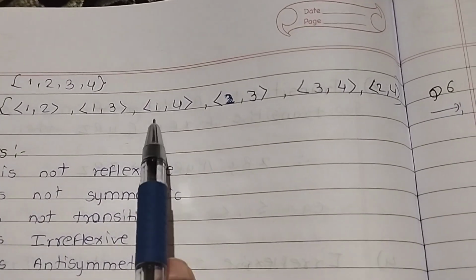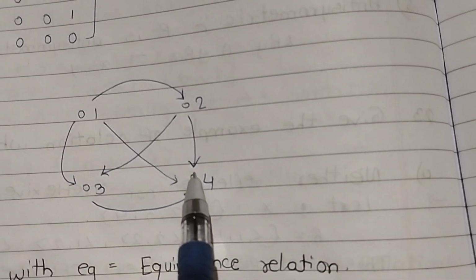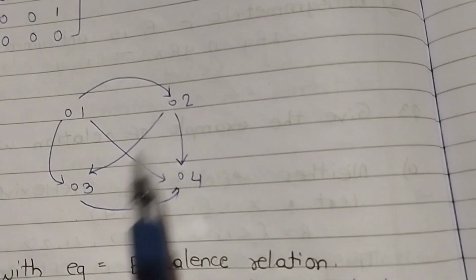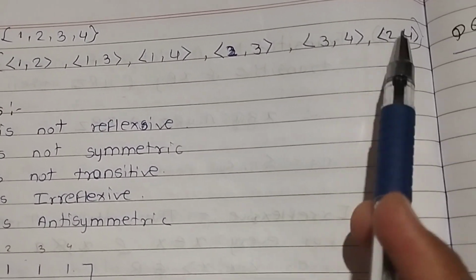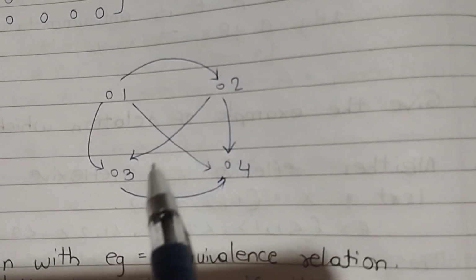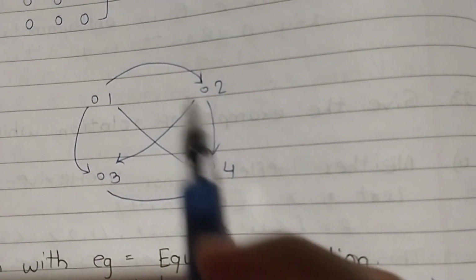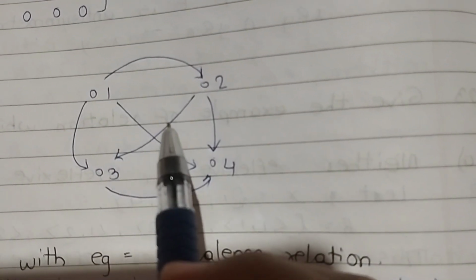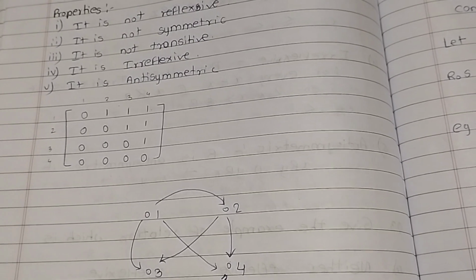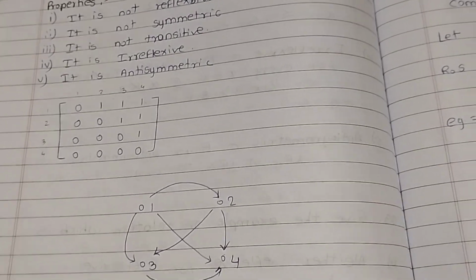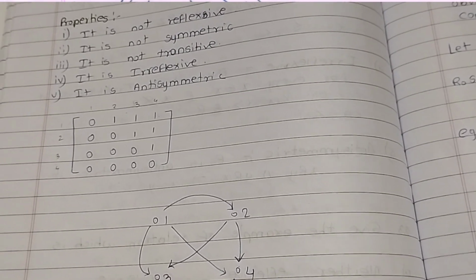Now the third sets are 1, 4 and 2, 3: 1 to 4, 2 to 3. And the last two sets are 3, 4 and 2, 4: 3 to 4 and 2 to 4. So this is the graphical representation of the given set. Now I hope you get the idea about the relations.